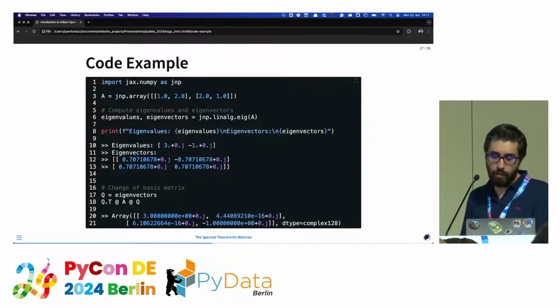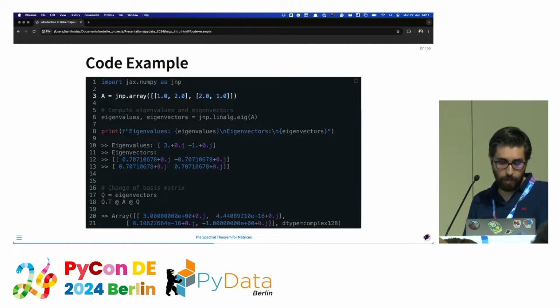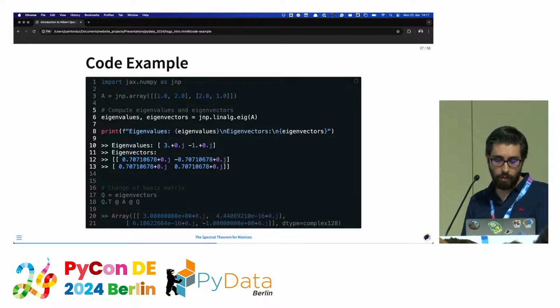So I probably don't want to go into details, but I provide this example. You can use JAX or NumPy, and you can actually test that what I'm telling you is true, which means if I give you a matrix (-1, 2; 2, 1), you can compute the eigenvalues, and JAX gives you the eigenvectors in a normalized way, with a factor of 1 over square root of 2.